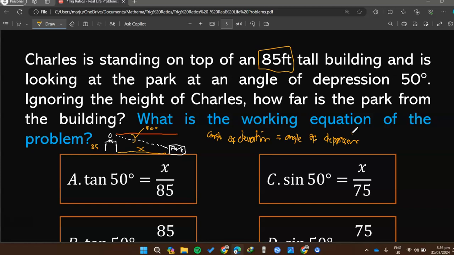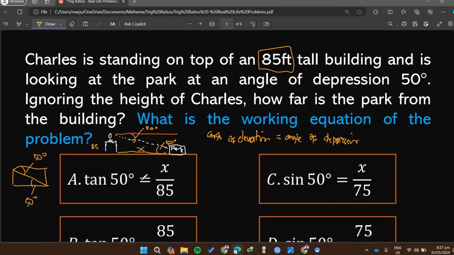Sorry for the penmanship. So if this is 50, this is also 50 degrees. Why, you ask? If you can still remember your transversal, alternate interior angles are congruent. So if this is 50, this is also 50.